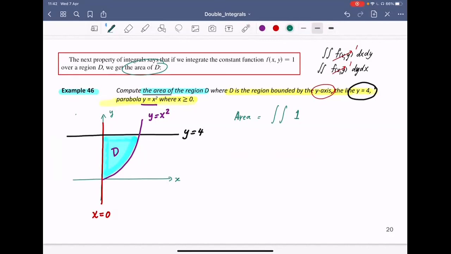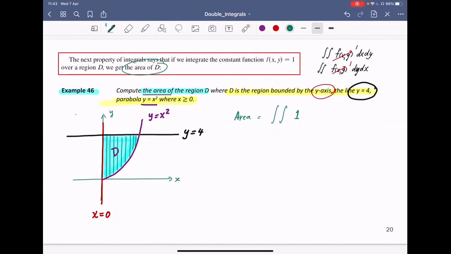You can see that it is easy if you do dy dx. It is also easy if you do dx dy. You can do the vertical line, or you can do the horizontal line as well.